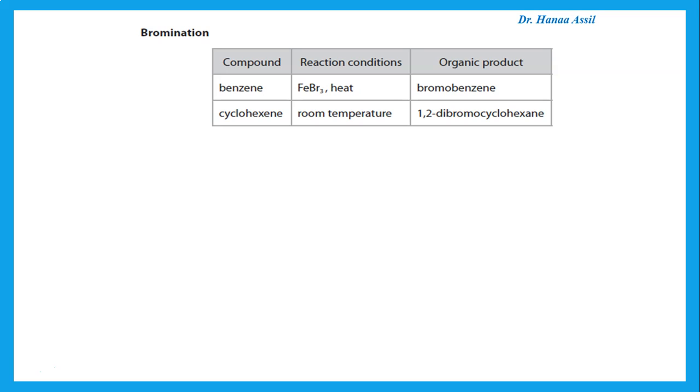Bromination. If we want to add bromine to benzene, we need to use iron 3 bromide as a catalyst and heat. But if we're reacting cyclohexene, we only need room temperature. So remember, to form bromobenzene I need anhydrous iron 3 bromide as a catalyst and heat.